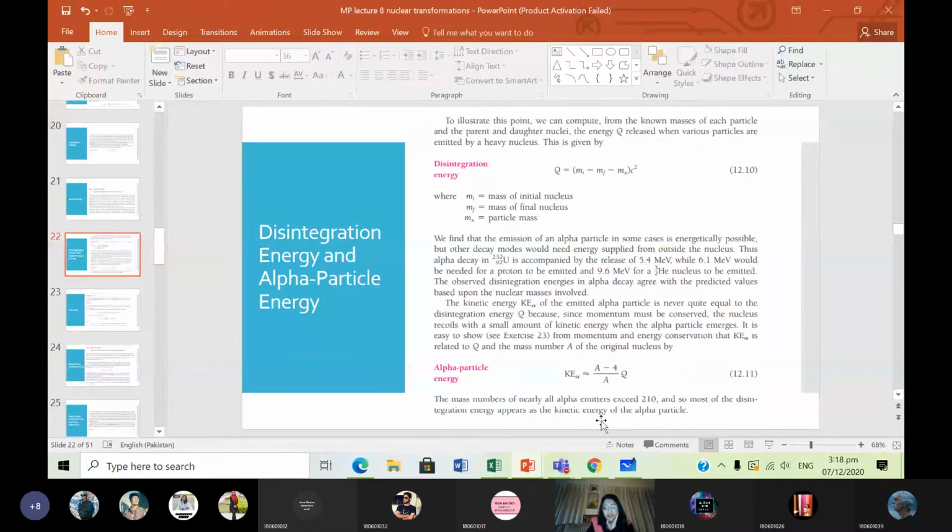Most of the disintegration energy appears as kinetic energy, because (210 minus 4) divided by 210 is close to 1. So it will be almost equal to Q, but this is the formula that you will derive.